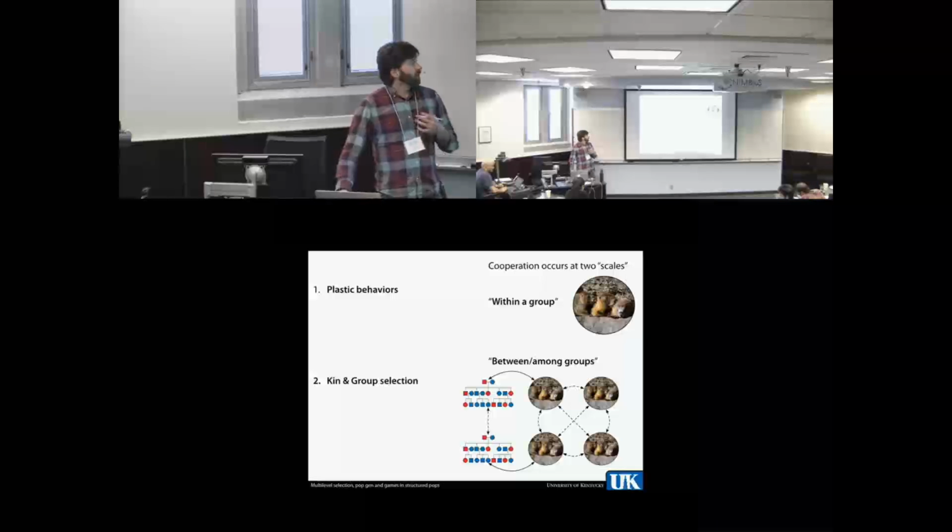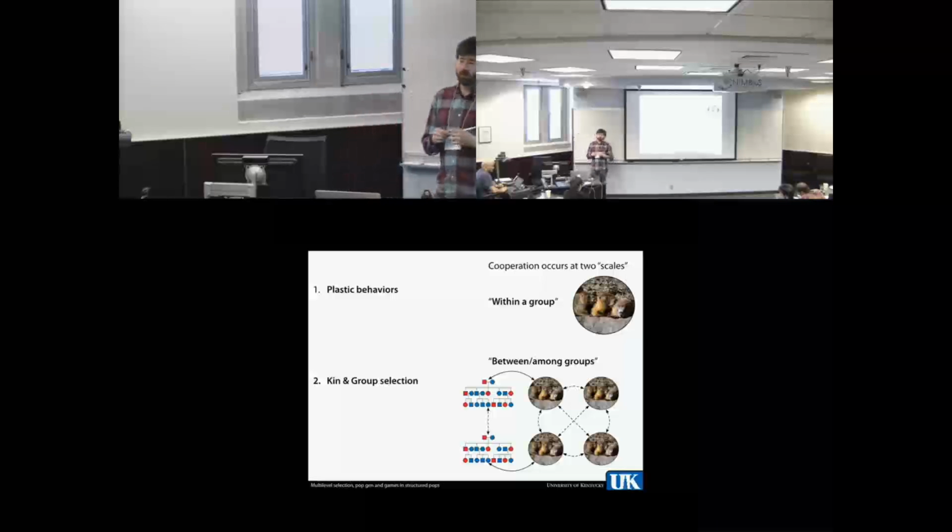Between groups, the mechanisms that allow individuals to cooperate often have to do with population structure, and with whether individuals are interacting more often than not with kin, or with in-groups, and whether those groups tend to be competing with other groups, as Sergey was talking about.